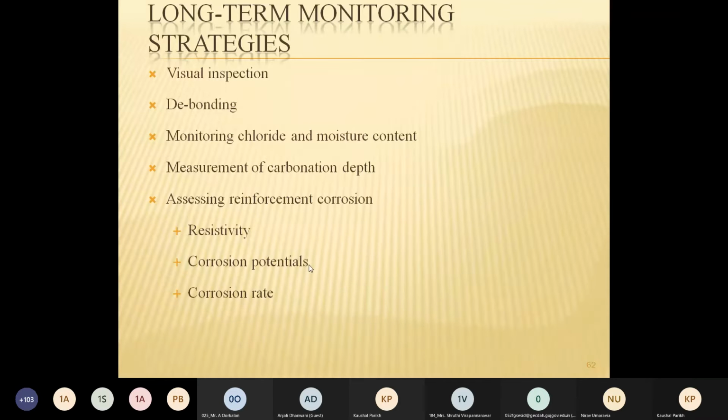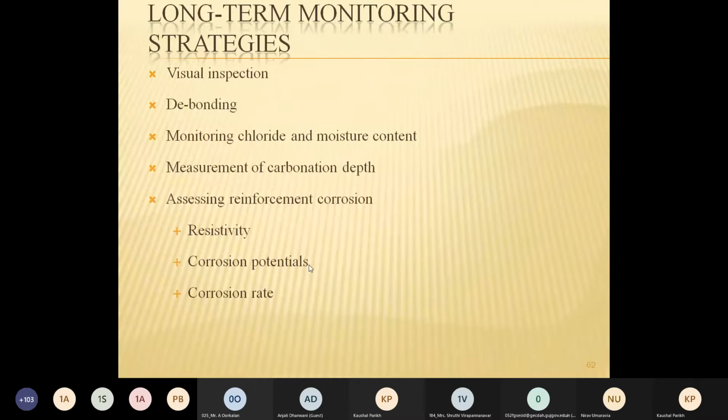Now, for any kind of repair, after doing that, a long-term monitoring strategy is very important to see the effectiveness of the repair. This long-term monitoring strategy may be in terms of visual inspection, maybe to check for debonding, because at a certain stage debonding can be observed after some time.